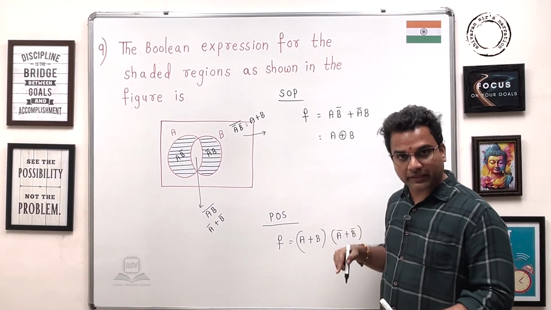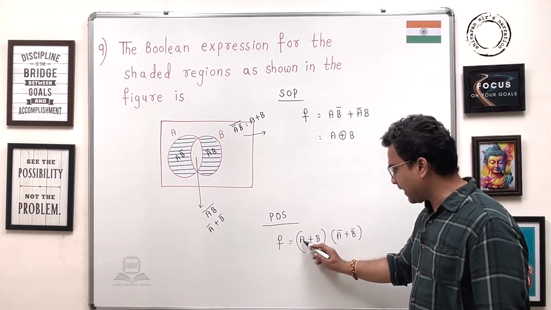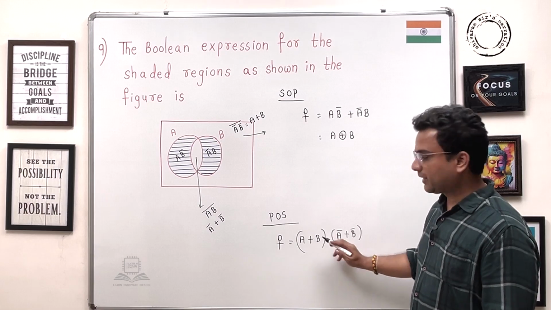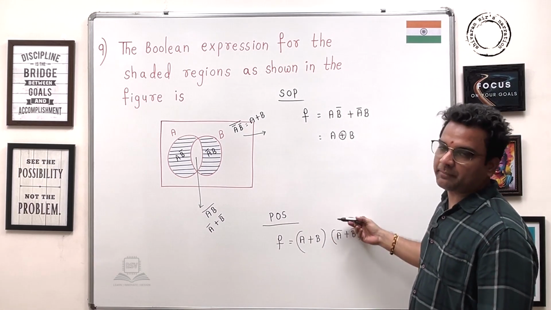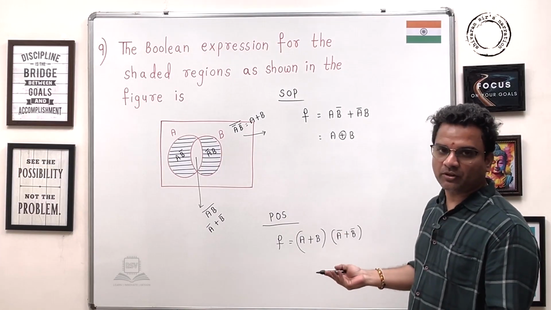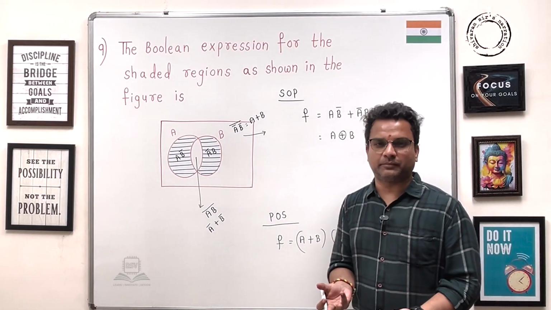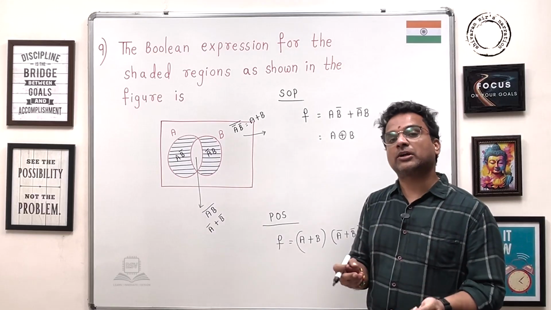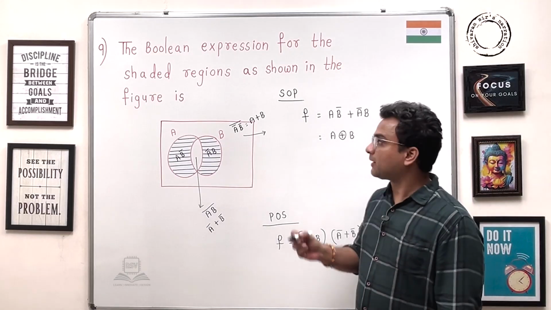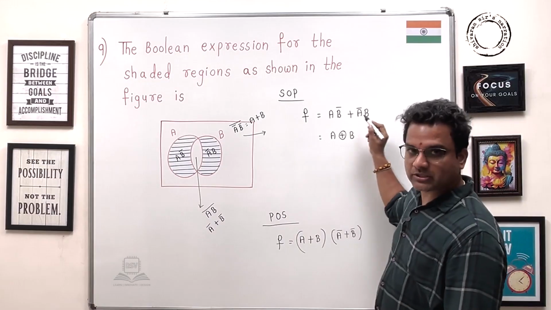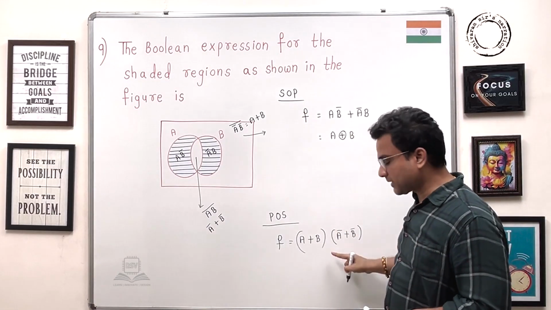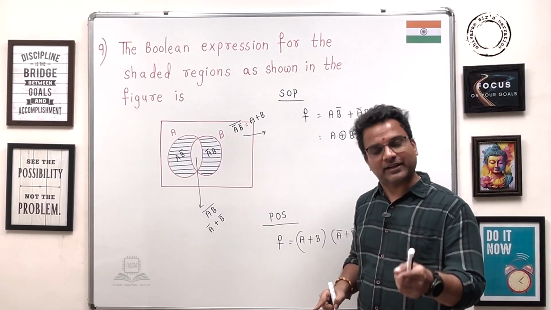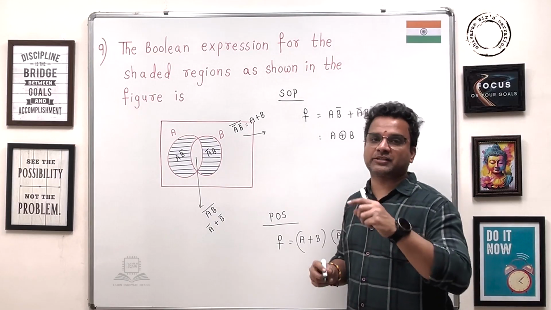Still, if you want to make it equivalent, you cross check: A into A bar, 0; A into B bar, AB bar; B into A bar, A bar B; B into B bar, 0. So at the end, you got the same term, which is A XOR B. Of course, you know guys, this is the XOR equation in SOP form. This is also the XOR logic gate equation, only in POS form.